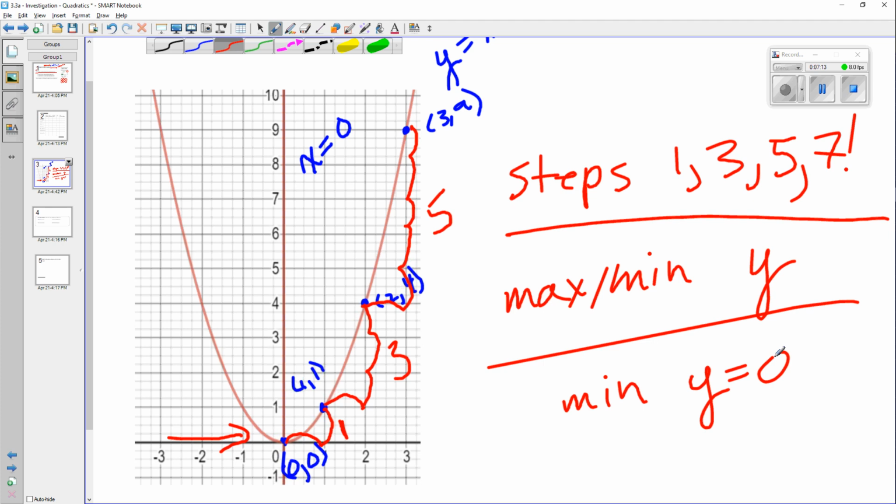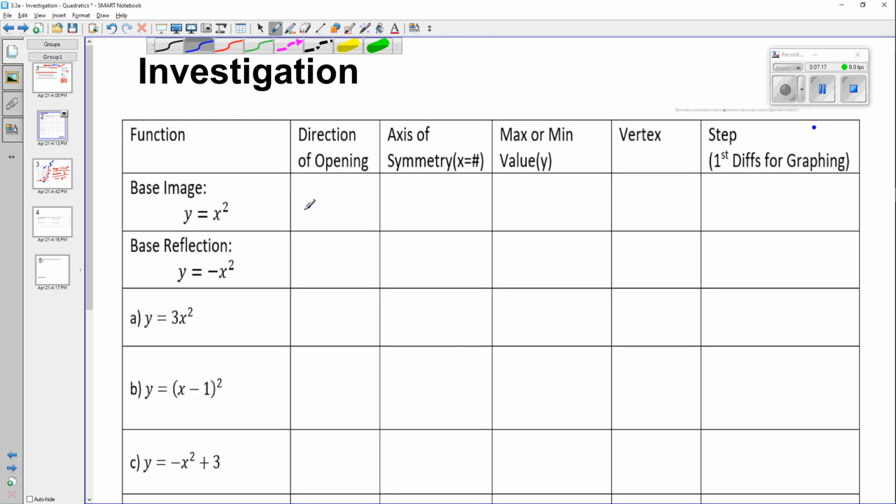So we would say that this is a minimum of y equals 0. So let's take all that information and put it into our graph. The direction of the opening of the parabola is up. Its axis of symmetry, based on what we saw, is x equals 0. Is this a max or a min? We say this is a min because it's opening up.